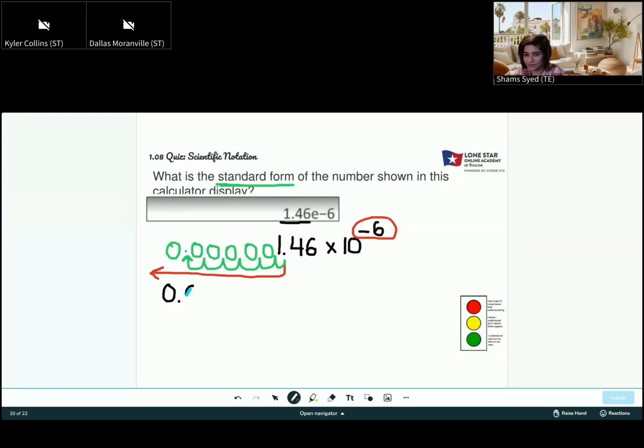Really, Dallas? 1, 2, 3, space it out, 4, 5, and then 1, 4, 6. Dallas, send me a picture of your quiz questions along with your answers. I will give you individual feedback.